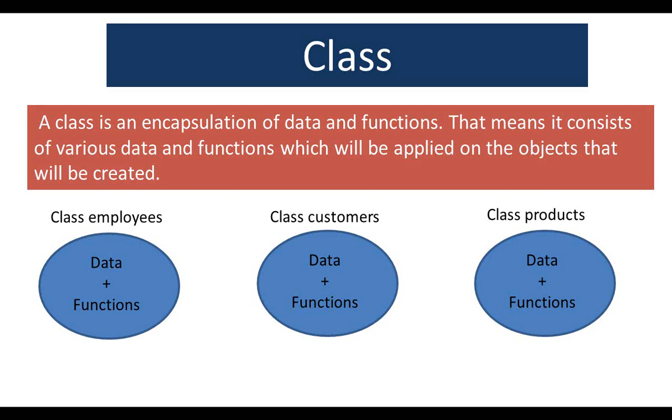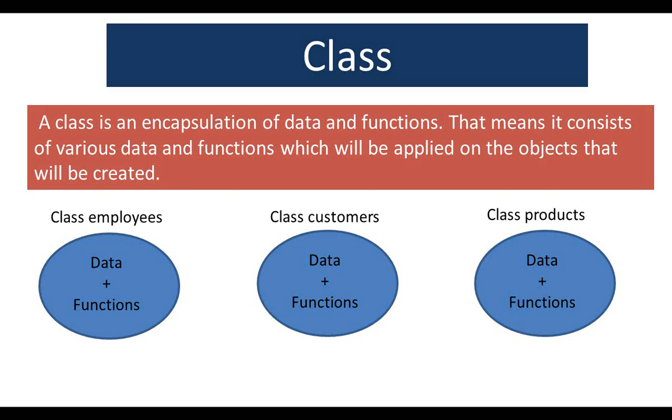And a class would be consisting of data and functions which will be applied to the objects it will be representing. A class, again I repeat it, a class is an encapsulation of data and functions. That means it consists of various data and functions which will be applied on the objects that will be created for this class.